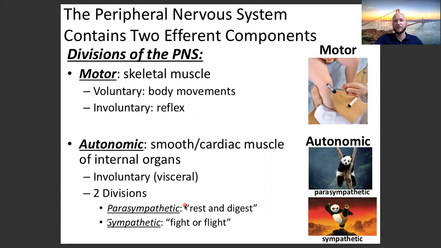So there's always some level of activity within your parasympathetic and sympathetic, no matter what you're doing. But the frequency at which those signals are sent by your parasympathetic nervous system can change, just like how the frequency at which your sympathetic nervous system can send signals can change also.